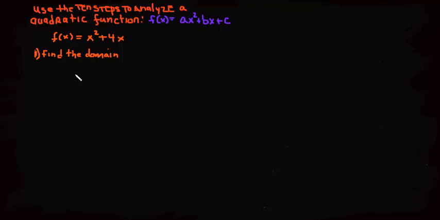So in this case, one of the characteristics of a polynomial for finding the domain of a polynomial function is that the domain of this type of function, and quadratic function as well, is going to be all real numbers.